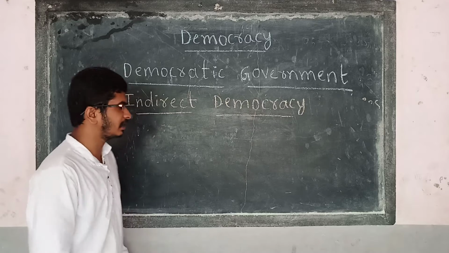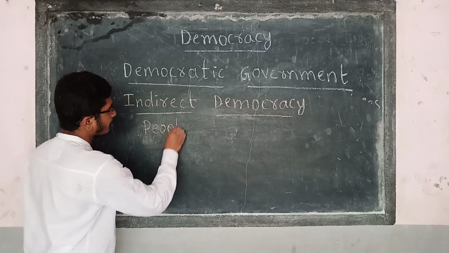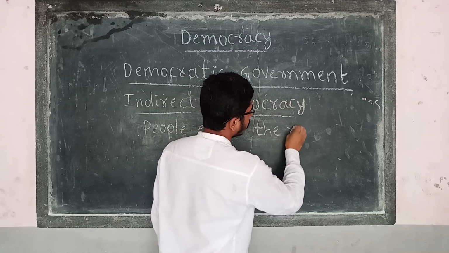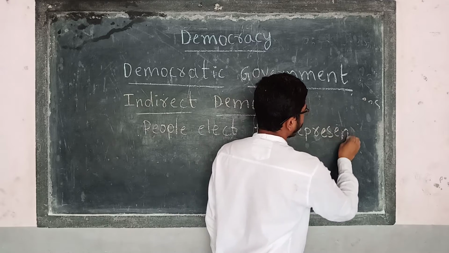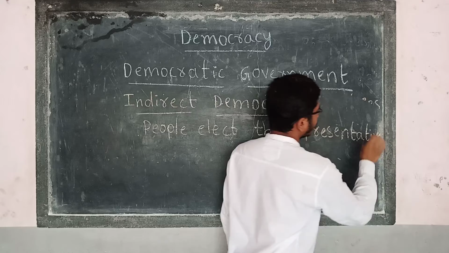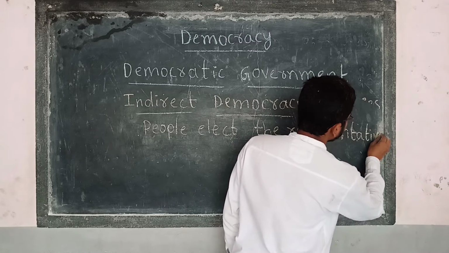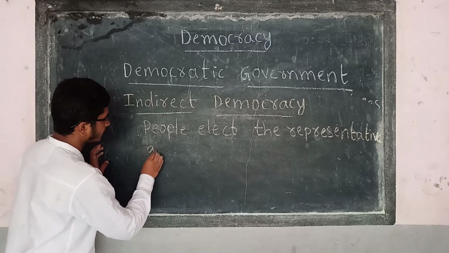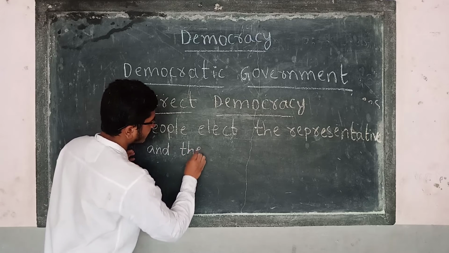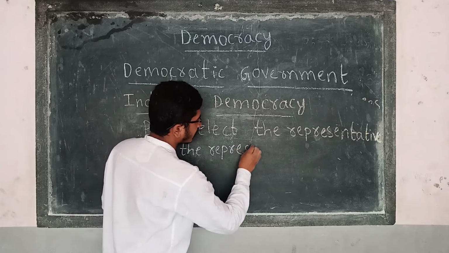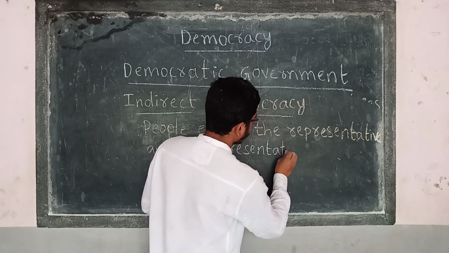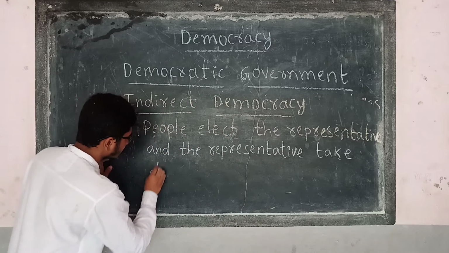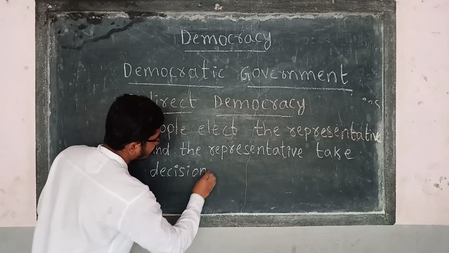So in the indirect democracy, people elect the representative, and the representative takes decisions on behalf of the public. You have to note the points.